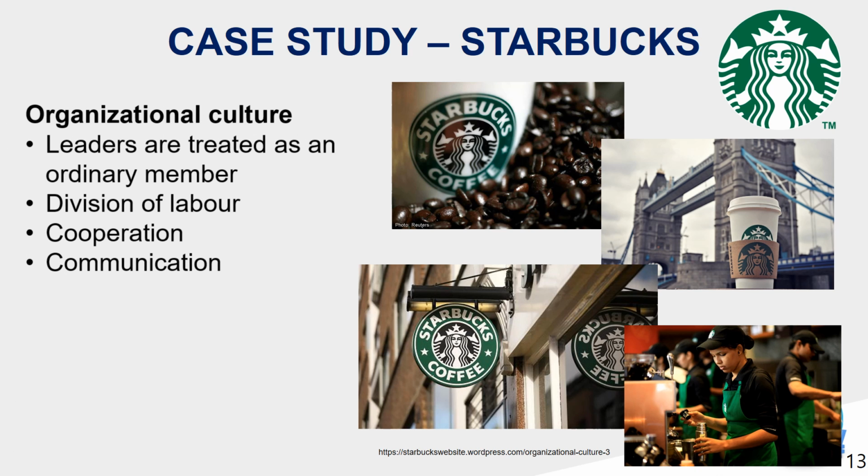The successful culture of Starbucks is based on four elements. These are leader, division of labor, cooperation, and communication. Leaders in Starbucks are engaged in planning, controlling, and leading. They do the management work, but they do not consider themselves different or special. Every employee has a clear division of labor. Starbucks encourages and rewards cooperation.